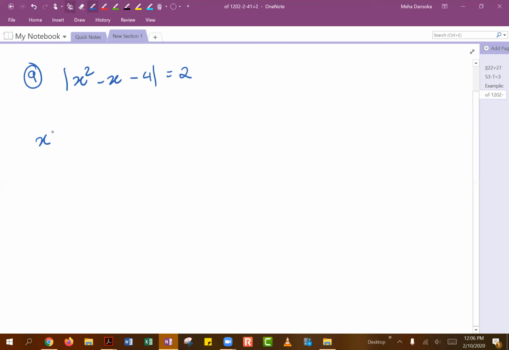So you will have x squared minus x minus 4 equals positive 2, or x squared minus x minus 4 equals negative 2. And now you can bring your 2 over to the left-hand side because we always want our quadratic to be equal to 0, right?